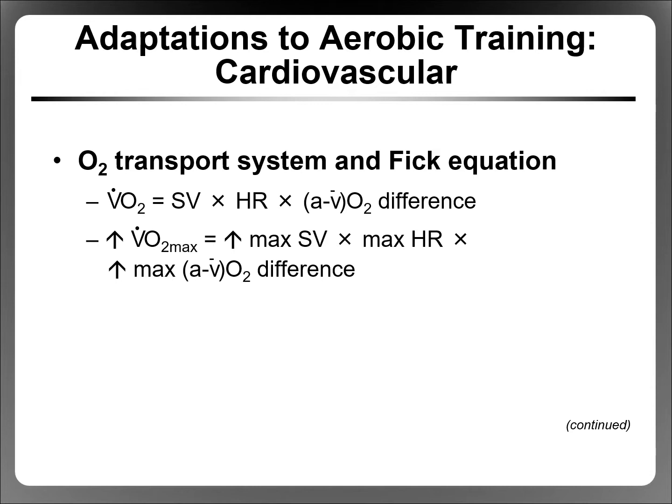So we have to make some assumptions here with the Fick equation. Therefore, when we see our increases in our VO2 max, we have to assume that there was an increase in the maximal stroke volume, and we have to assume there is an increase in the maximal AVO2 difference, so we are becoming more efficient at pulling oxygen out of our blood.